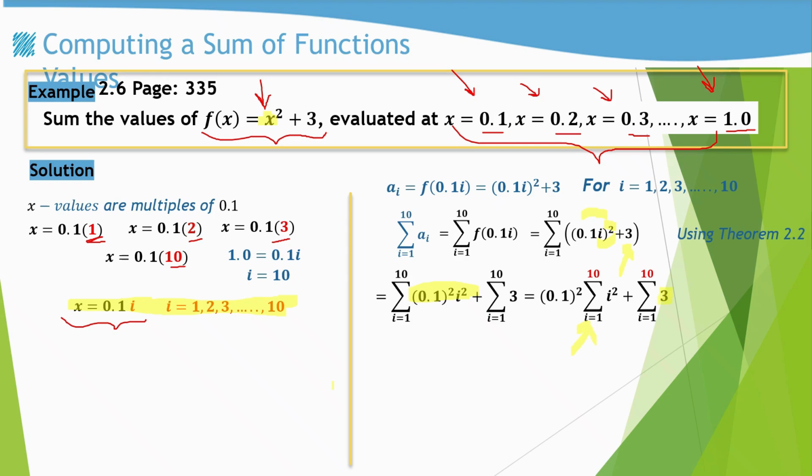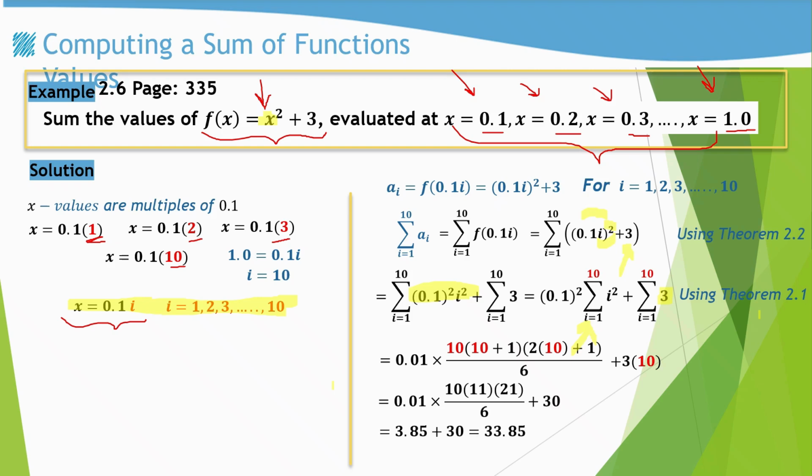For a constant, the formula is cn. So let's apply the formula here and simplify. You will identify the answer as 33.85. If you want, you can enter this step in the calculator directly and you will get 33.85.